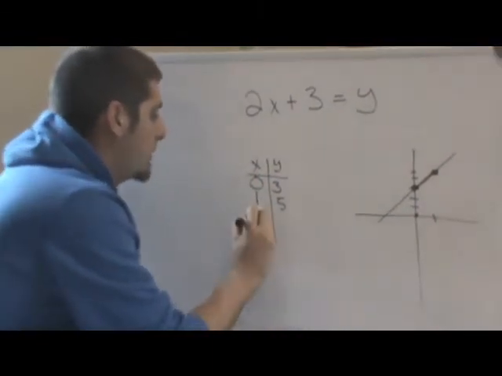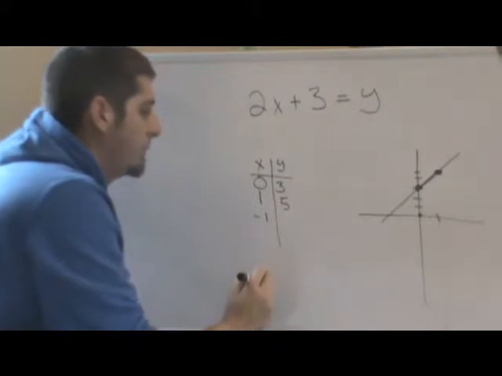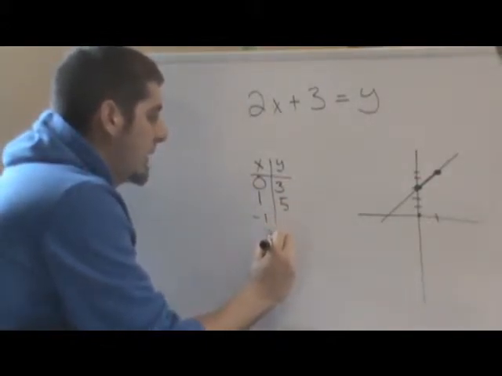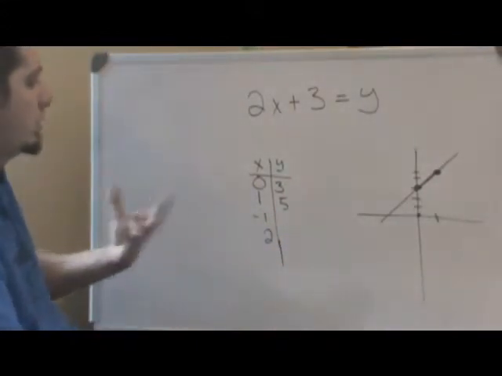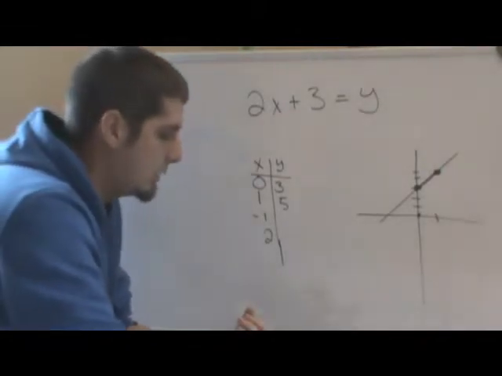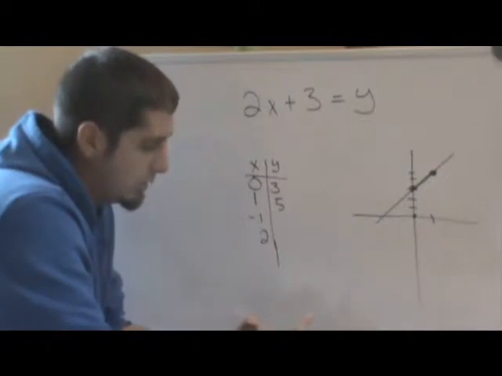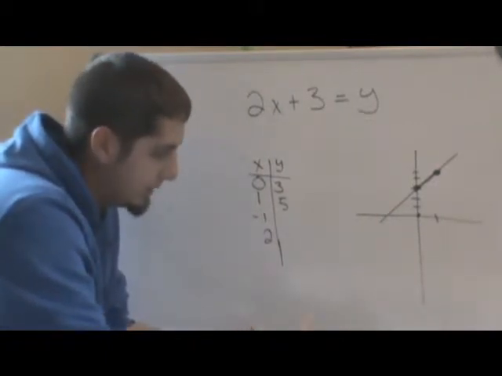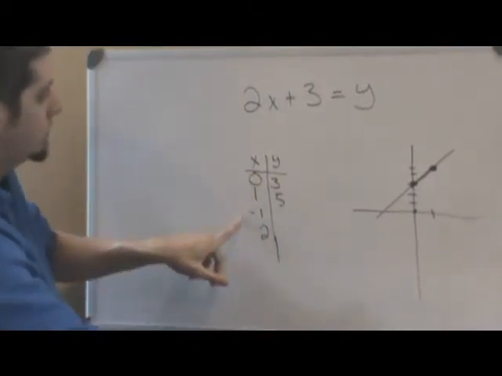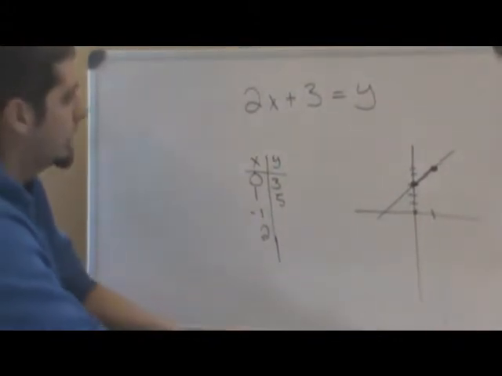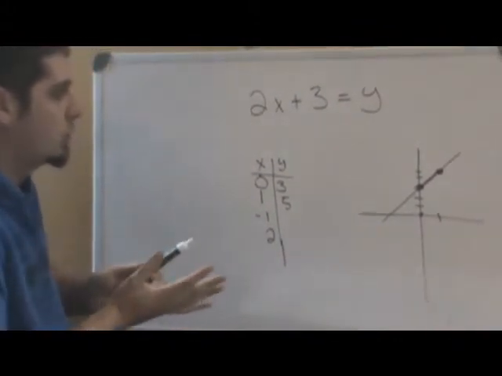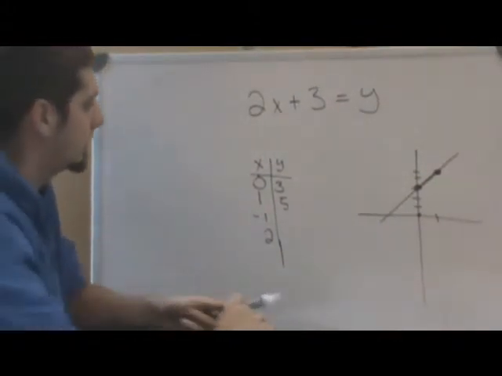So some of the other points you may want to pick are -1, 2, or even -2. And you always want to go by this rule: if you're going to pick more than 2 points, you want to include 0, 1, and -1 at the very least. These 3 points you almost always want to include, because that'll give you a good idea of what your line, curve, or wave is going to look like.